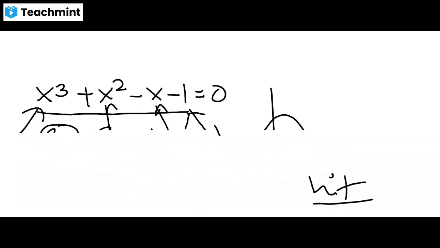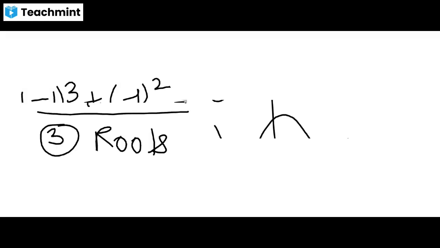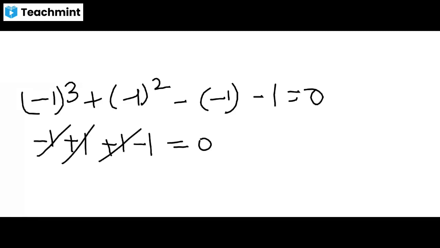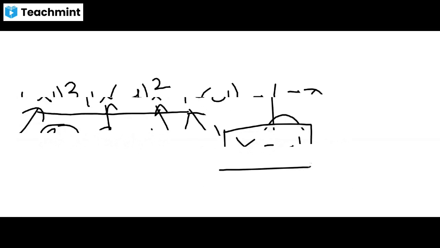So what happens if you put x is equal to minus 1 here? Let's see. We get minus 1 cube plus minus 1 square minus of minus 1 minus 1 equal to 0. So it gives minus 1 plus 1 plus 1 minus 1 equal to 0, right? So it means x is equal to minus 1 is one of the roots of this particular cubic equation.